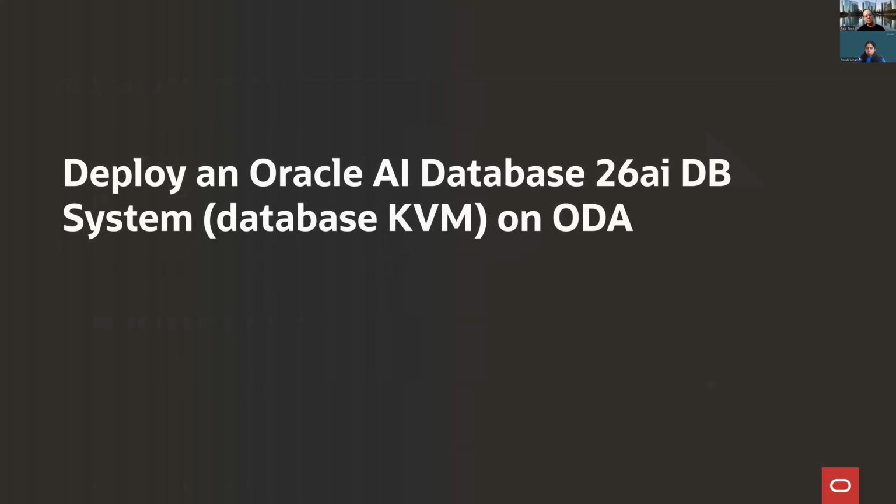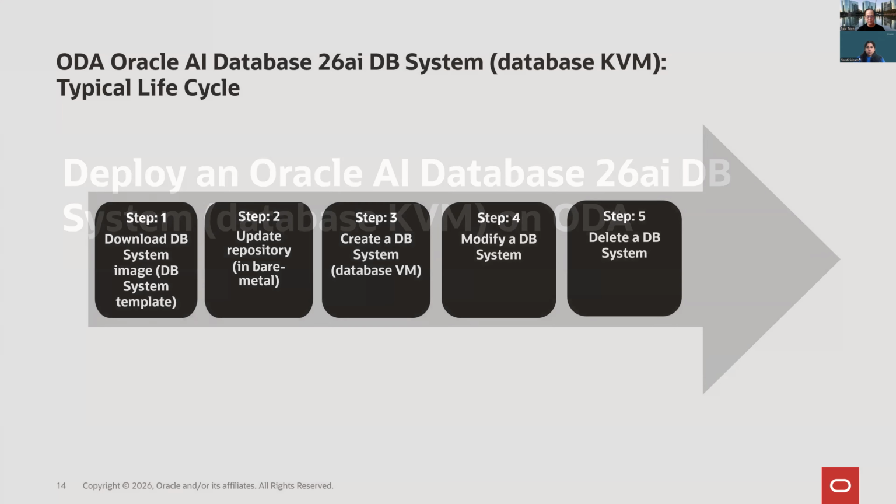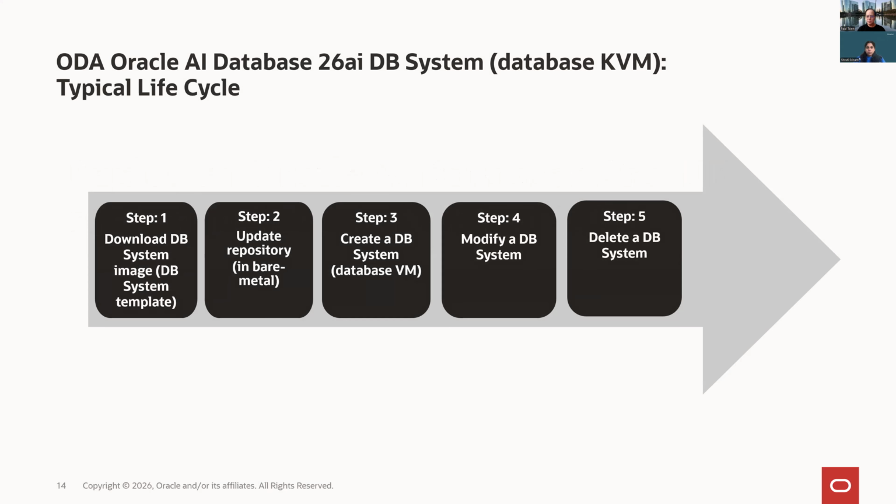So the last part is about deploying an Oracle AI Database 26 AI DB system or database in the KVM on ODA. This is a typical KVM lifecycle management, managed by the database appliance. Again, you always download all the files you need. In this case, you really need three files to create a DB system.